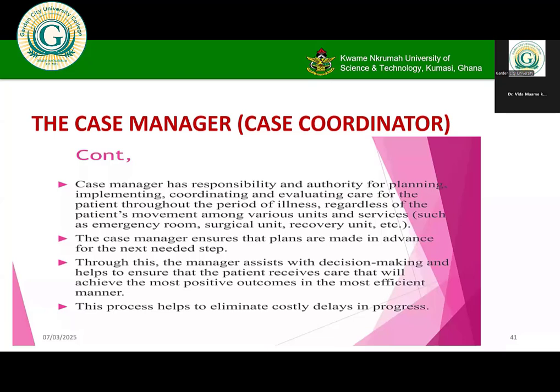He or she ensures that plans are made in advance for the next needed steps. Through this, the manager assists with decision making and helps to ensure that the patient receives care that will achieve the most positive outcome in the most efficient manner.